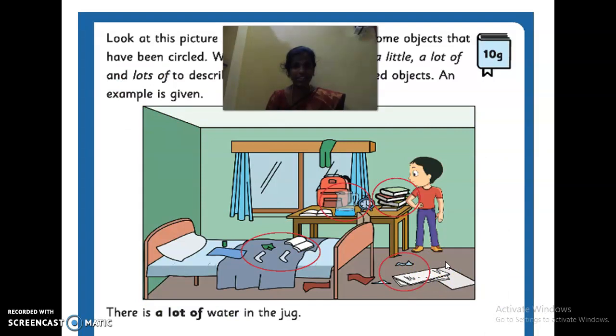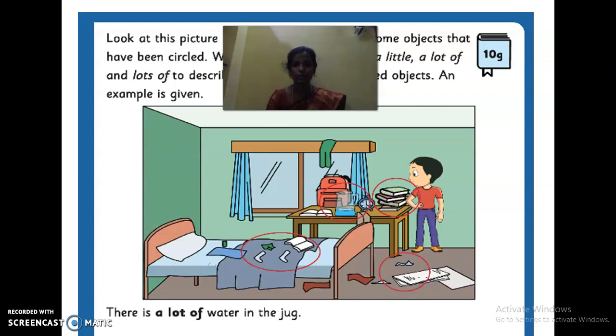So last session we discussed lot, lots of, little, a little. Today we have to write with lots of and little. So with the help of these words you have to write the answers. Okay. Shall we write it now? Yes.